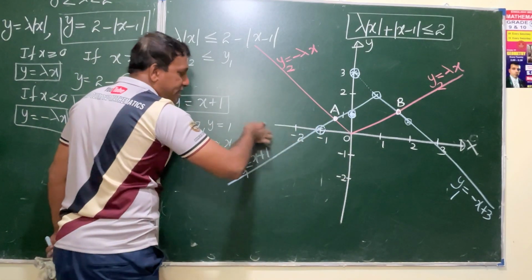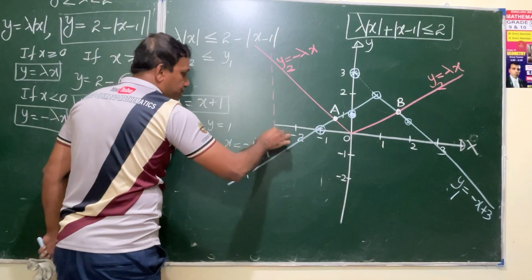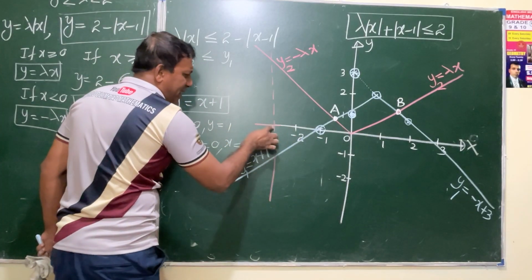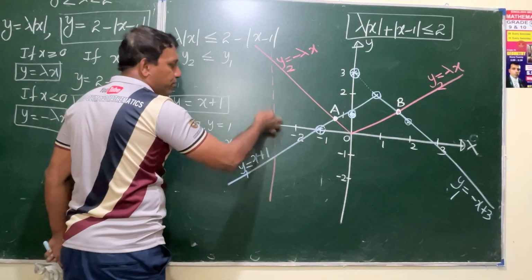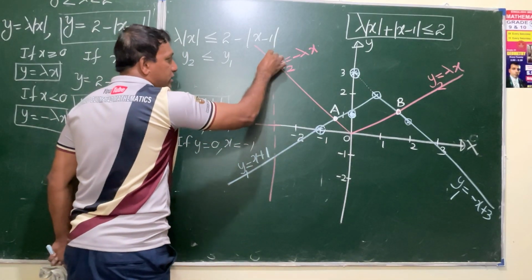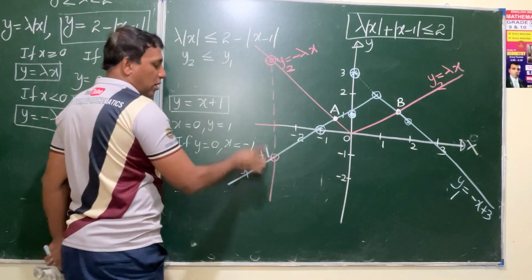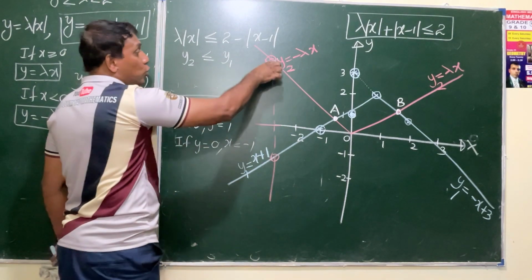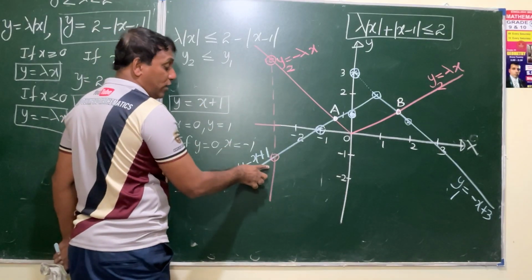Any particular x value, if I draw this line, somewhere maybe around -3, for this x value, y2 is here, y1 is here, y2 up, y1 below, y2 greater than y1.